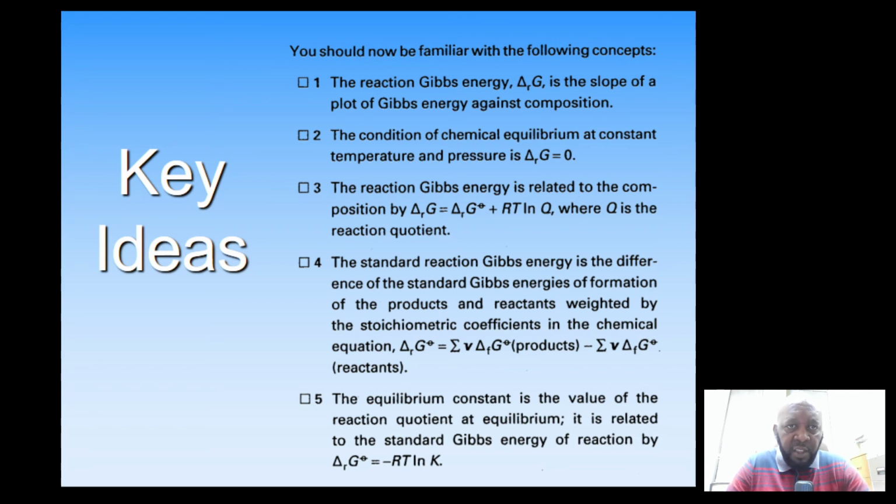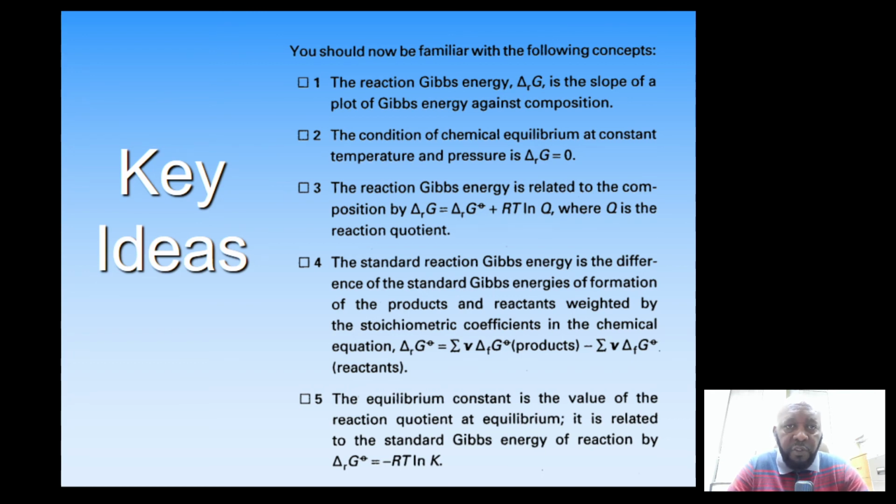Secondly, we said that the condition of chemical equilibrium at constant temperature and pressure is ΔrG = 0. I talked about this in detail during lesson number 1. And the other thing, when we have a reaction, we can have the ln of Q or the ln of K, depending on what we are working with.